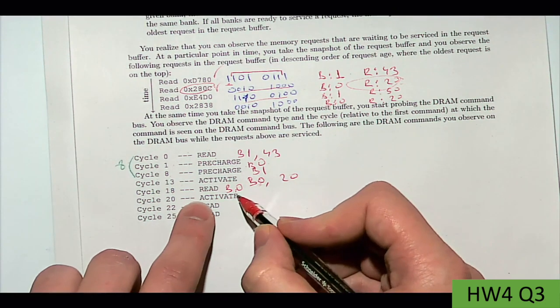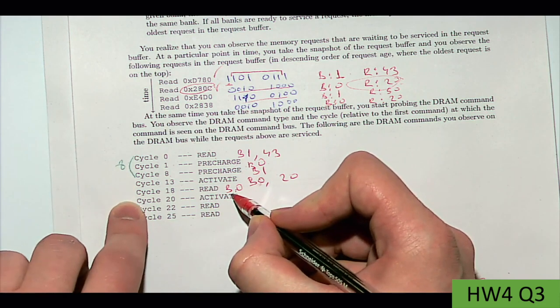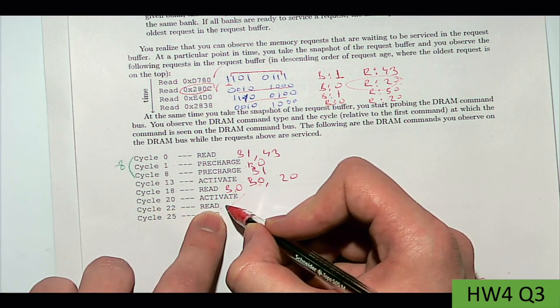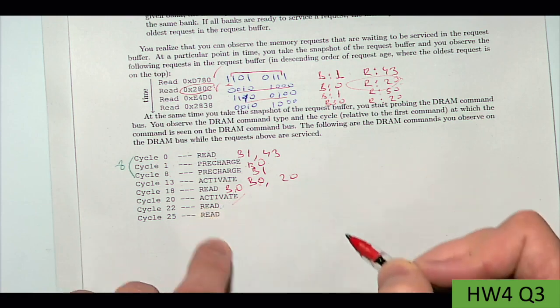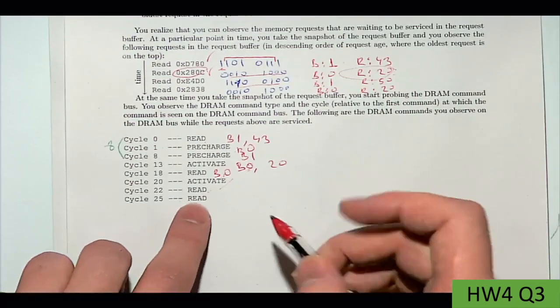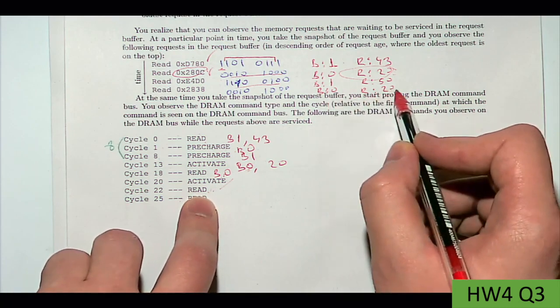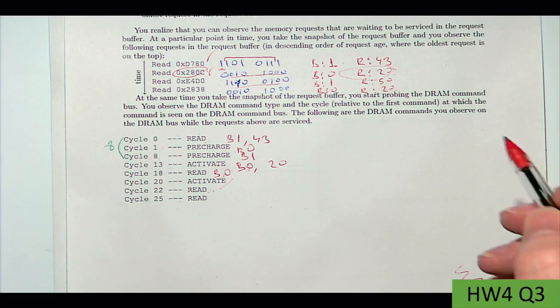Okay, and then we have another activate. Here again, we can see that the precharge to activate latency is 12 cycles, right? And then we have a read. Okay, this part is interesting. We have 2 identical requests here to bank 0, so they both target the same row, but different columns of that row.